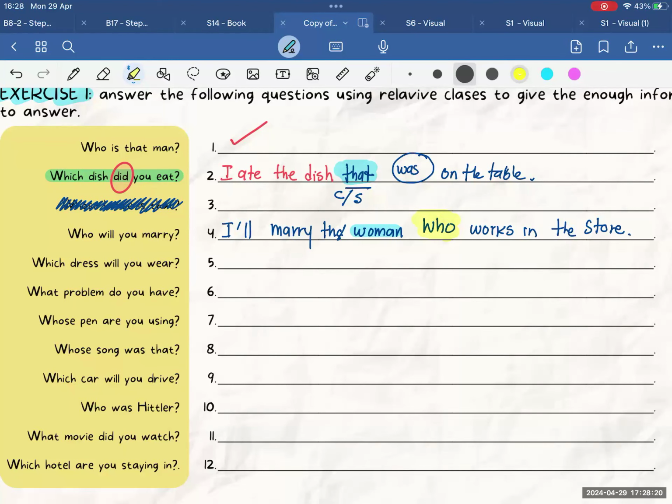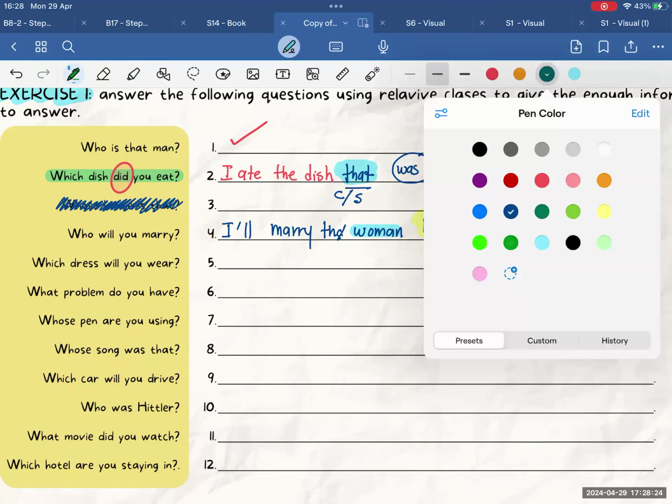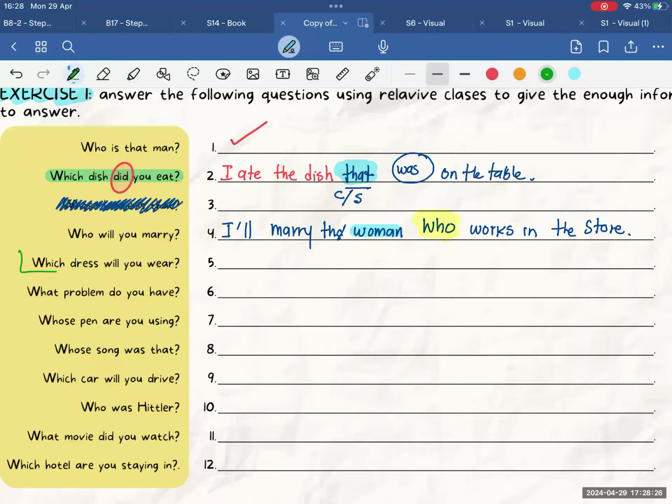So, help me out. Which dress will you wear? I will dress, I will use, I will wear. Ajá. The dress that... excellent.